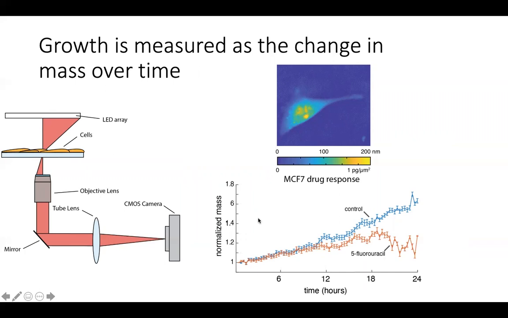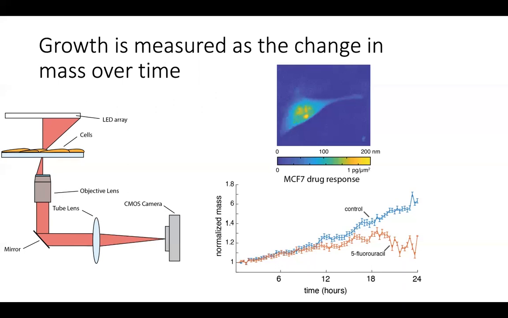In order to determine cell growth, we compute the specific growth rate. To compute that, we average the mass of cells at different time points together. In order to average them like this, we normalize their mass by the initial mass of the cell.